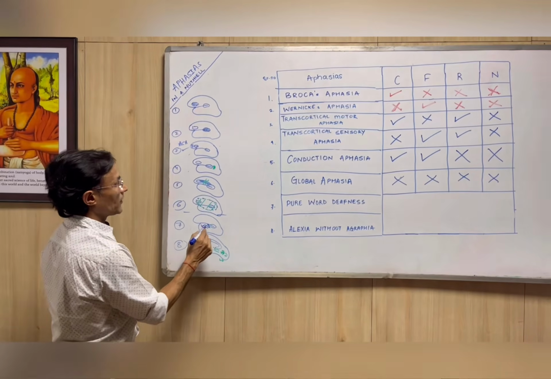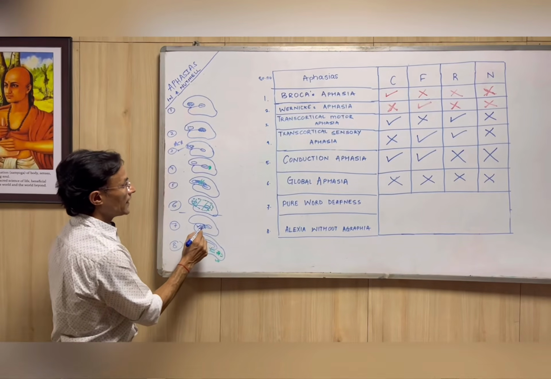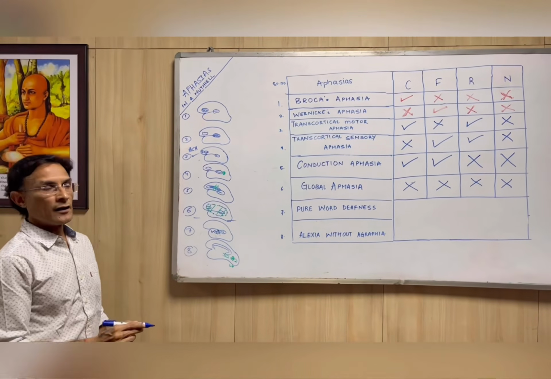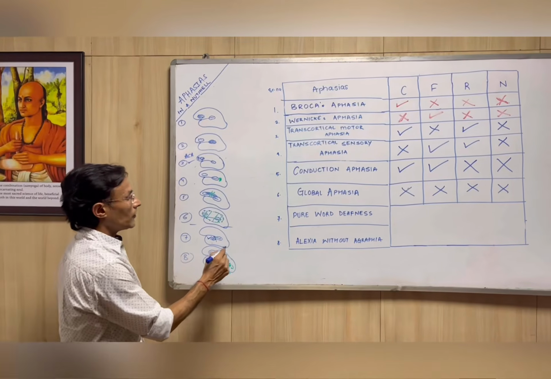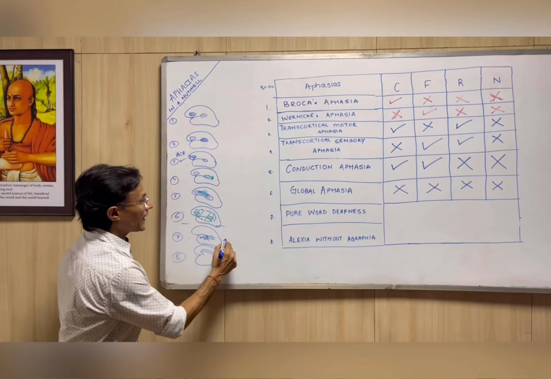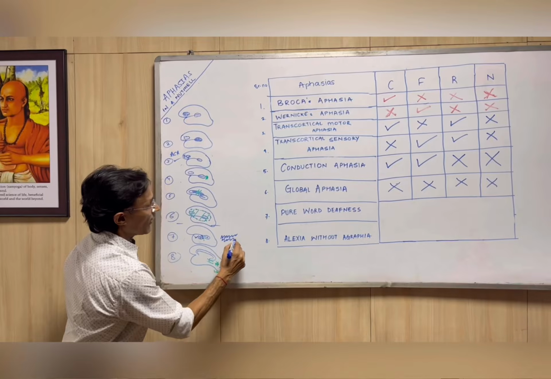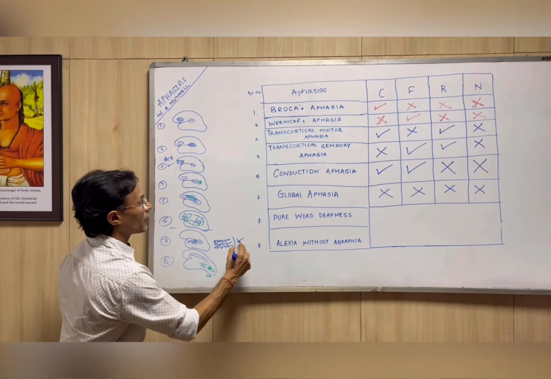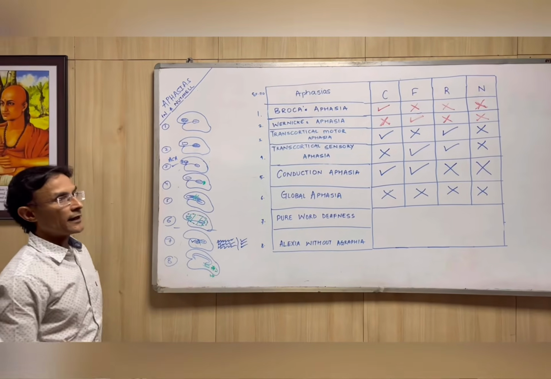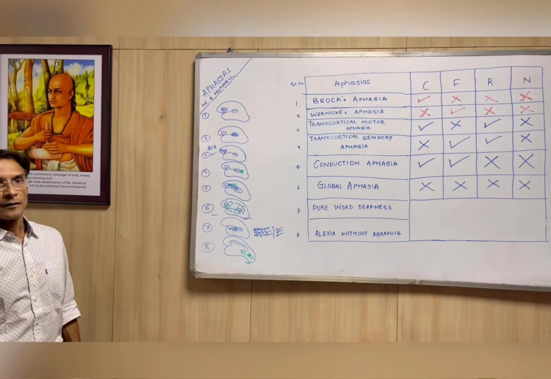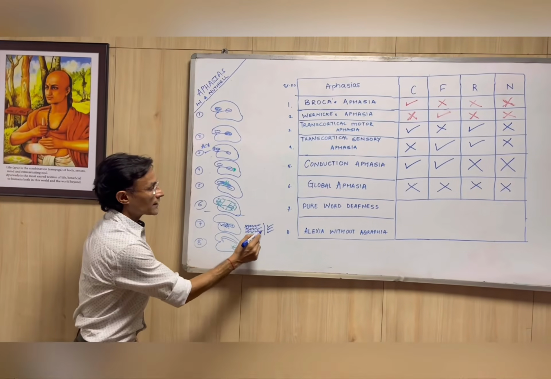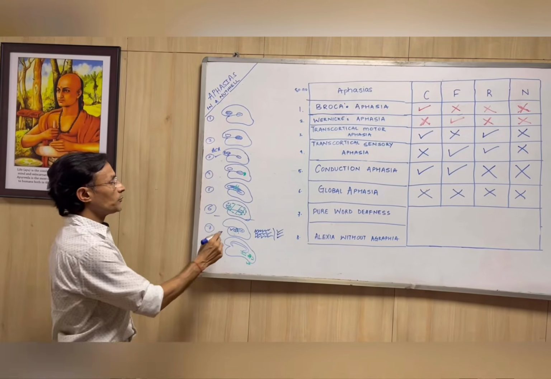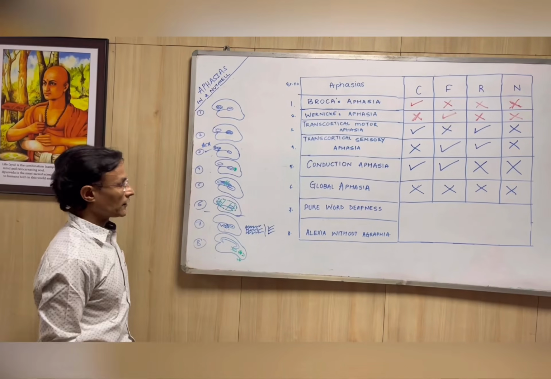He listens, but because there is a disconnection between listening and understanding, he does not understand what is being said. If you ask the patient to interpret a written message, the patient will carry out your instruction after reading correctly. But if you speak the same message, the patient does not respond. So this is pure word deafness.